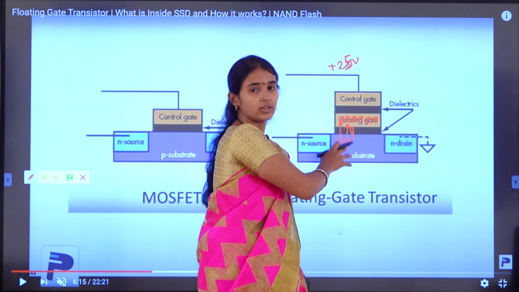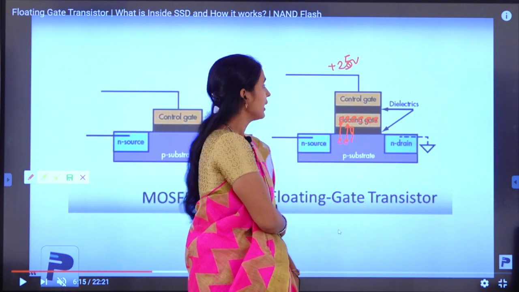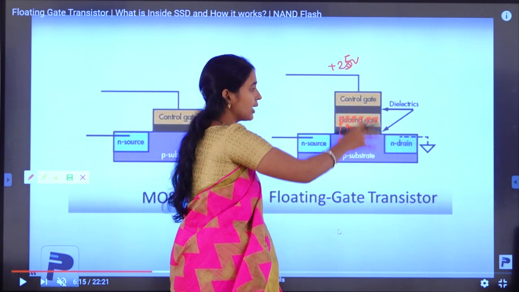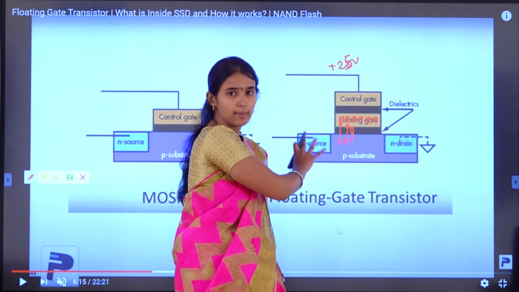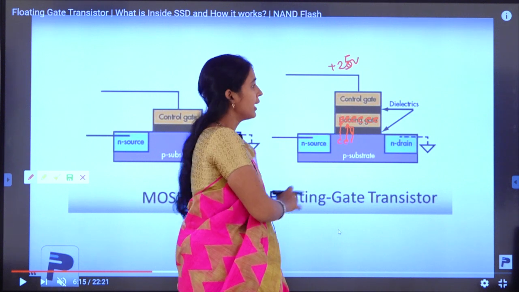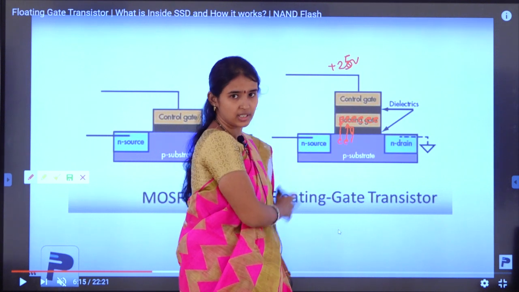It indicates that bit 0 is stored. That means this floating gate transistor is programmed, and 0 is being stored. Now I want to remove this data.